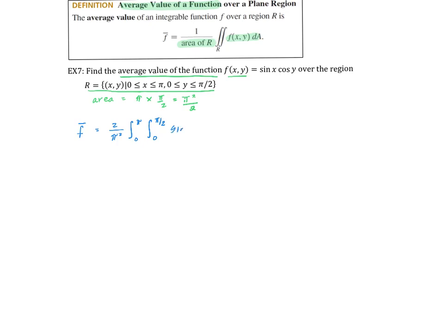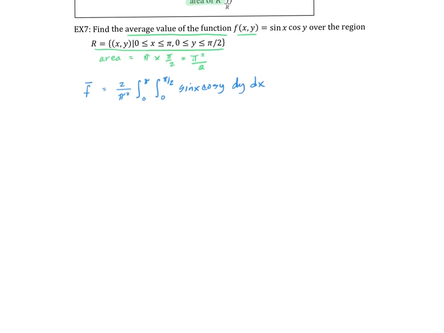And this is sine of x cosine of y, dy dx. Again, you don't have to do it in that order. That's just the order I choose. And now, since sine of x is being treated as a constant, I am going to pull it out and then integrate from 0 to pi over 2 cosine of y dy.